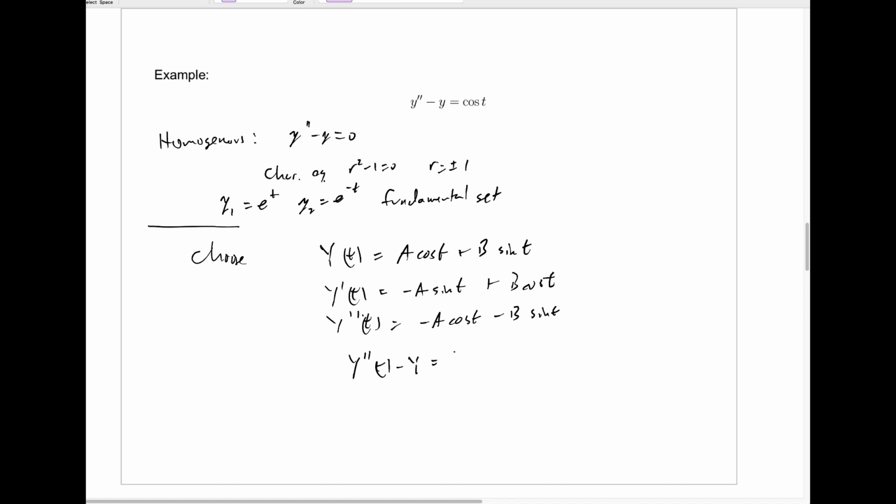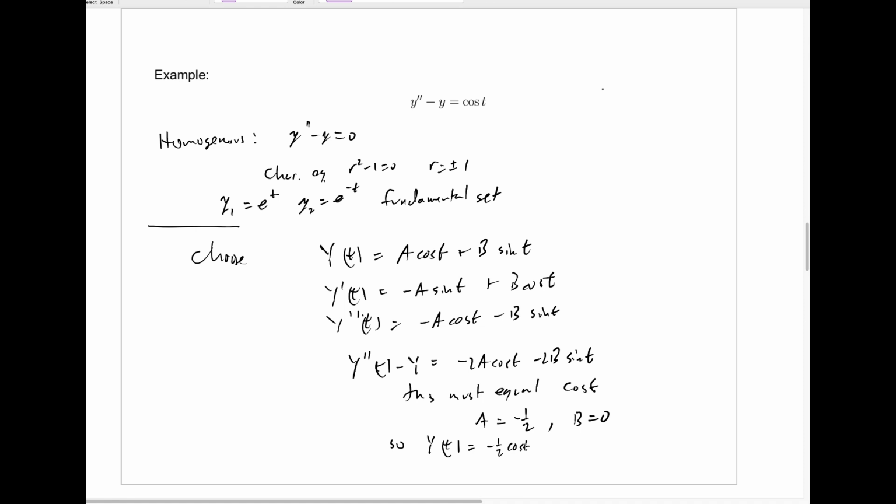You'll have minus 2a cosine t minus 2b sine t, and this must equal cosine t. So how do we do that? We need to take a to be negative 1/2 and b to be 0. In other words, y of t must be exactly negative 1/2 cosine t.